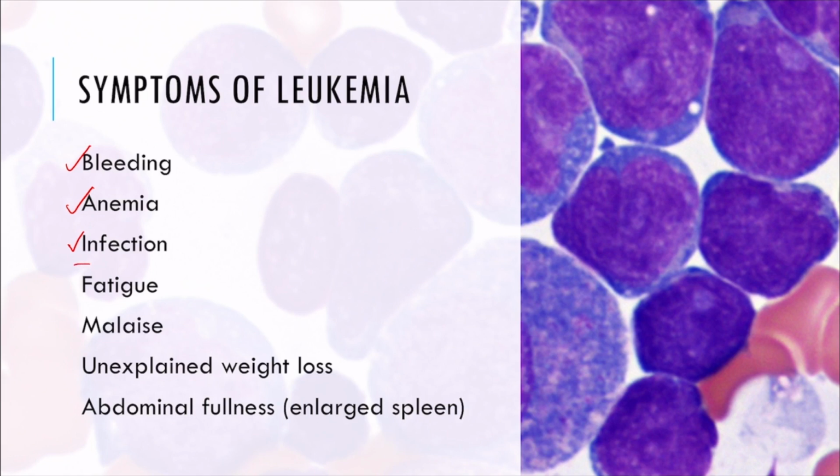The next three on the list, fatigue, malaise, and unexplained weight loss. I just wanted to highlight those because these three are really big general cancer red flags. If you see these things, it should be setting off some alarm bells.